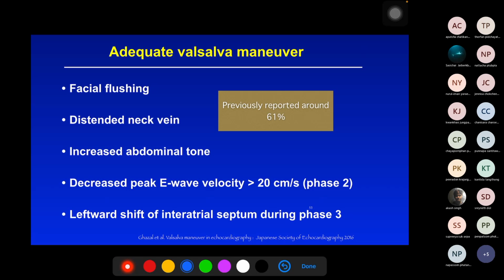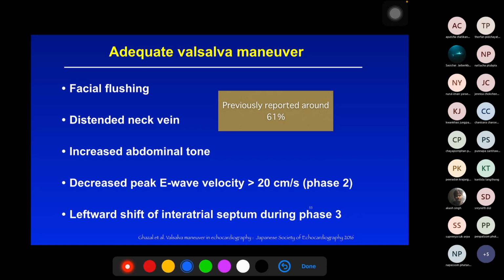So how do we evaluate whether the patient performed an adequate Valsalva maneuver? If the patient performs an adequate Valsalva maneuver, you might see facial flushing, the face of the patient turning red.